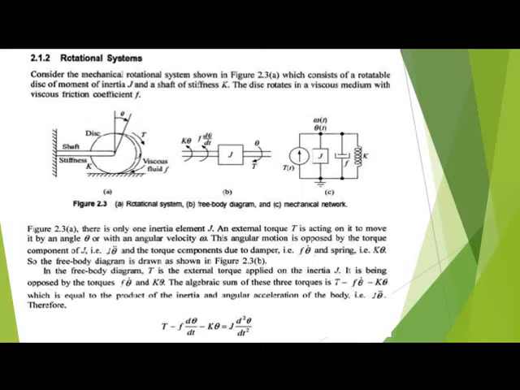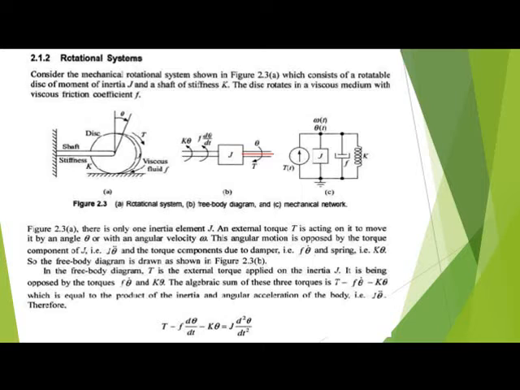The torque is clockwise, and the reactions are anti-clockwise: one from the spring, which is K times theta, and the other from the viscous friction, which is F into d theta by dt.